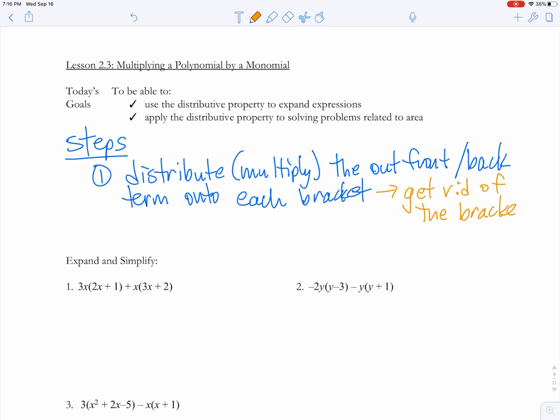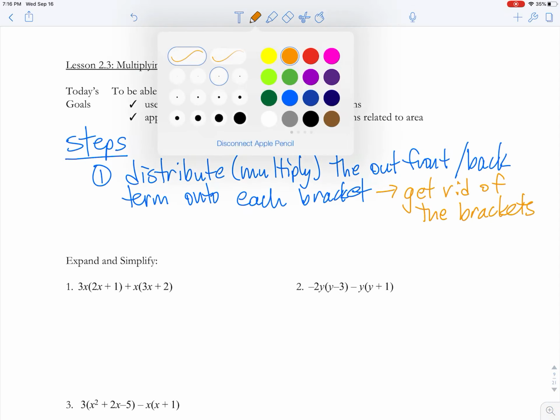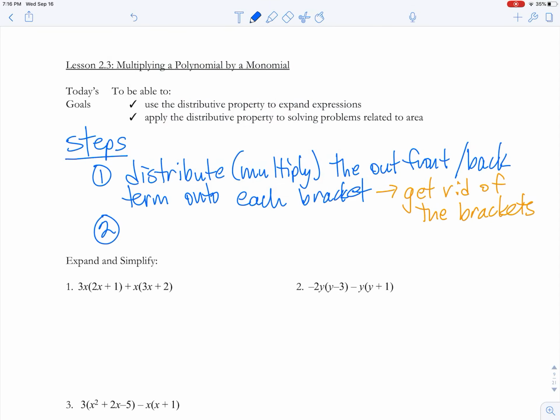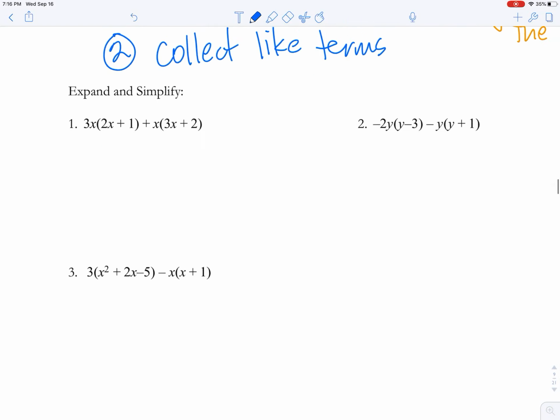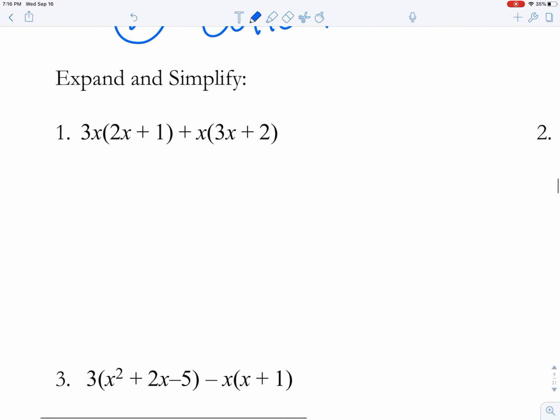So the first thing we're going to do is distribute in order to get rid of the brackets. And then the second thing we're going to do is collect like terms. So let's go ahead and do that. In question 1, it says expand, so distribute or multiply, and then simplify or collect like terms.